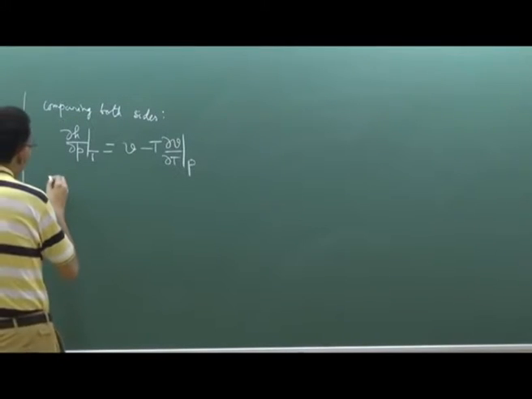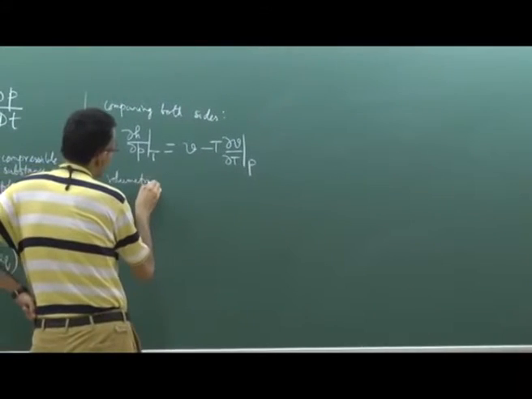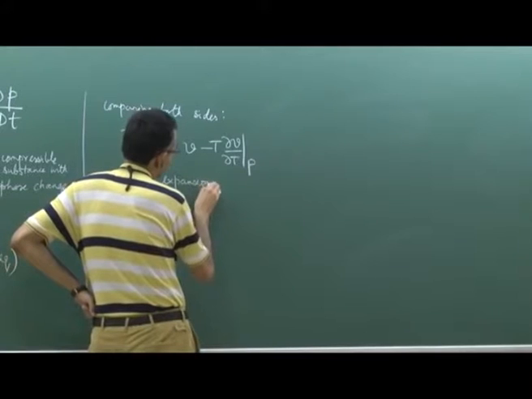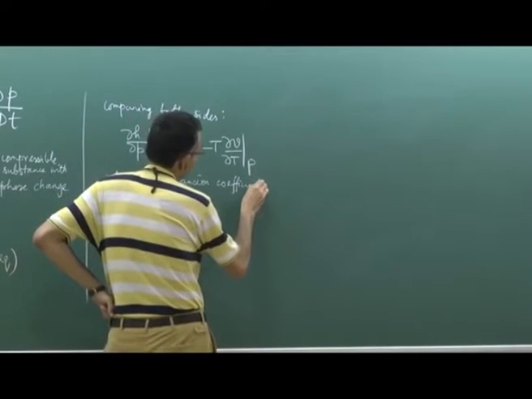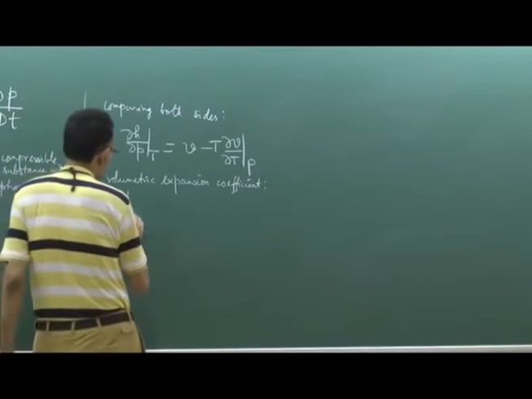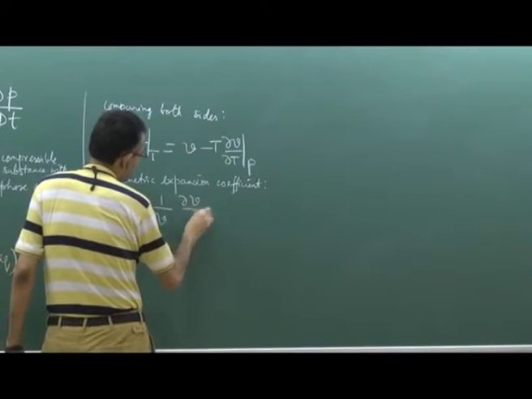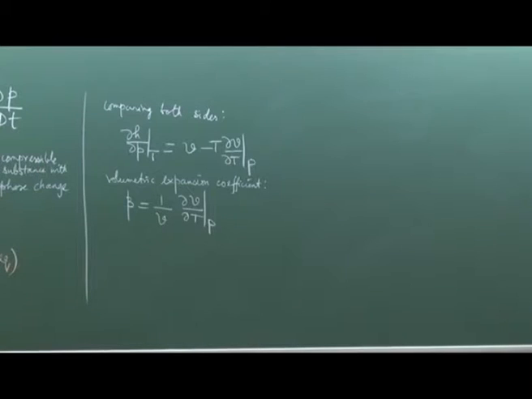Now, we know by the definition of volumetric expansion coefficient, beta is defined as this.